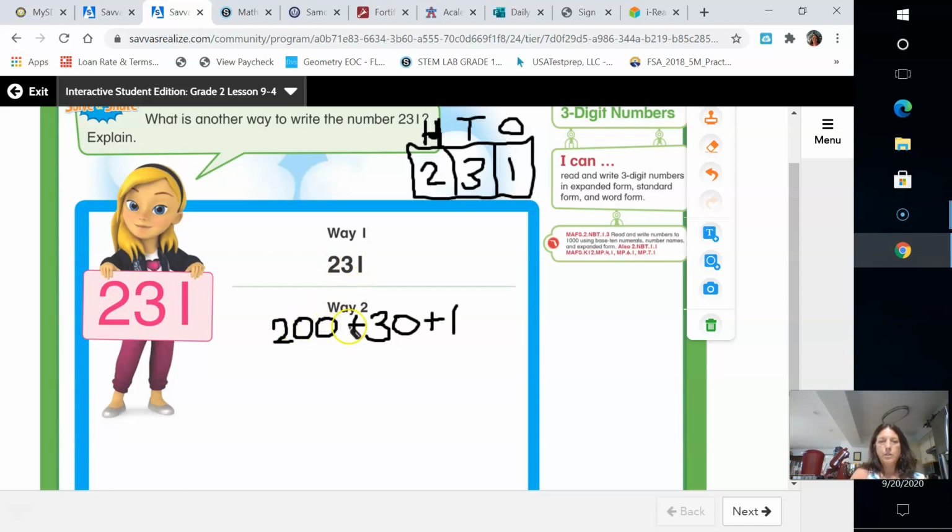And in word form, we would say 2 hundred, and you're going to get good at spelling hundred. I don't know if I'm going to fit this. Should have started over farther. This big pen. 30 starts with a TH.